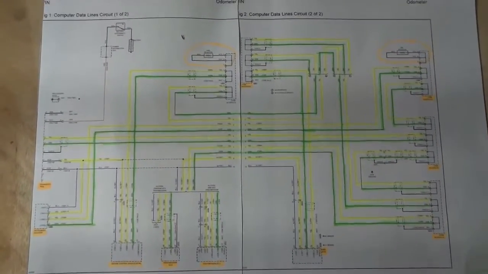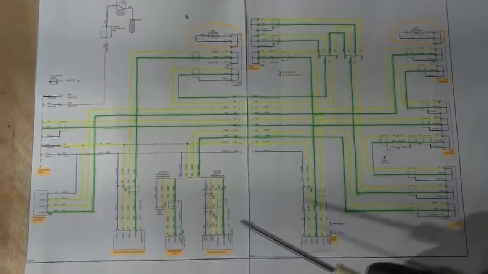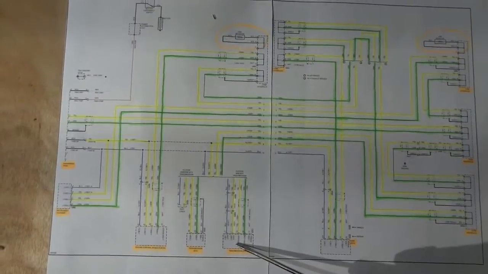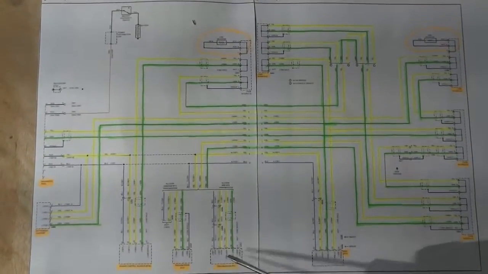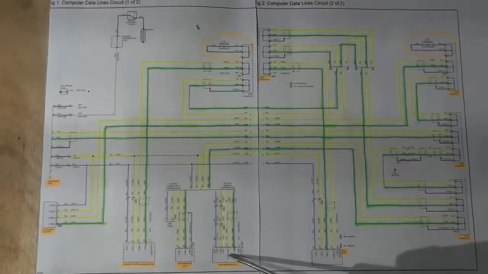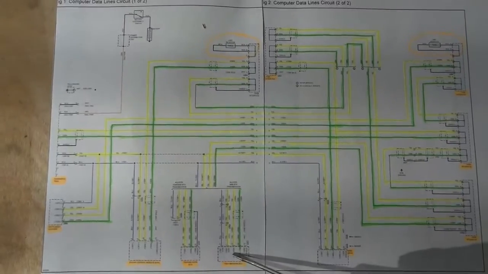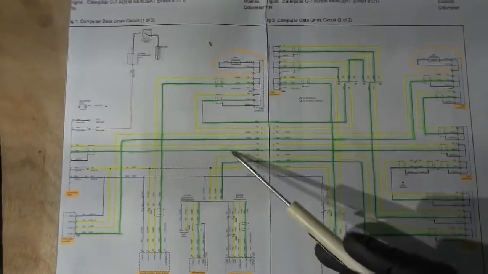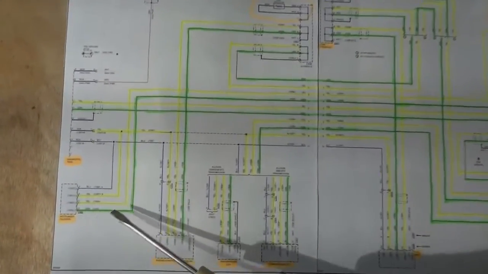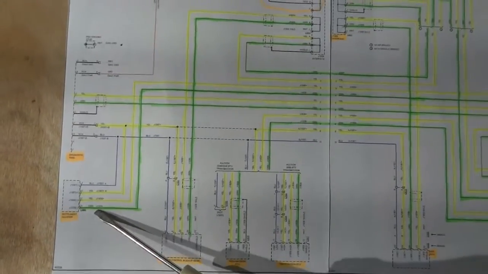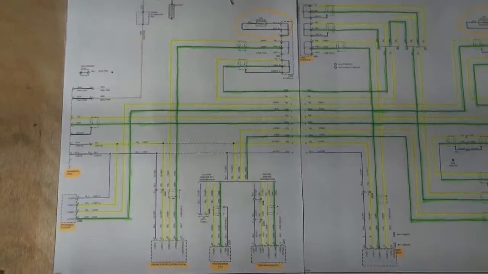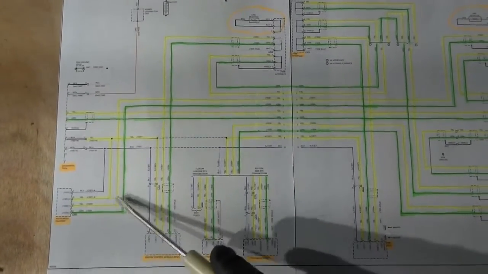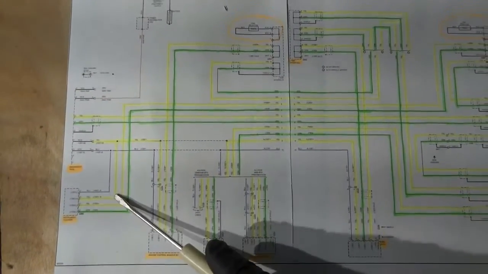Well, the gear information comes from the transmission control unit, because the transmission control module is in charge of the transmission. The transmission control module takes that information and sends it to the instrument cluster. That's why you are able to see the gear you're in on your dash.